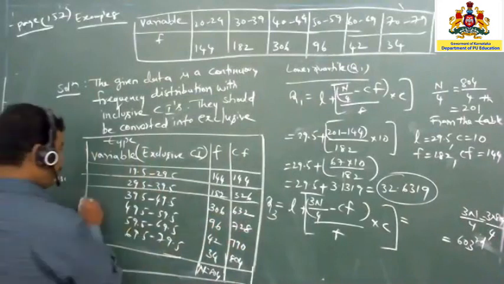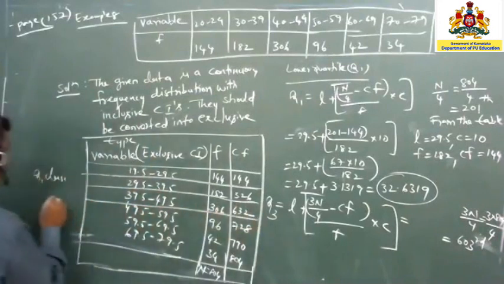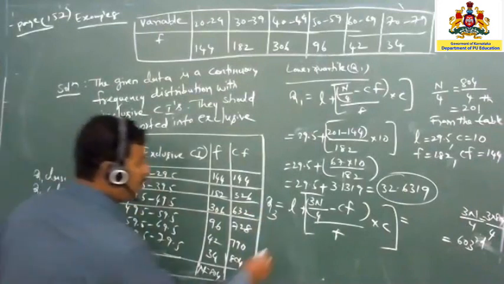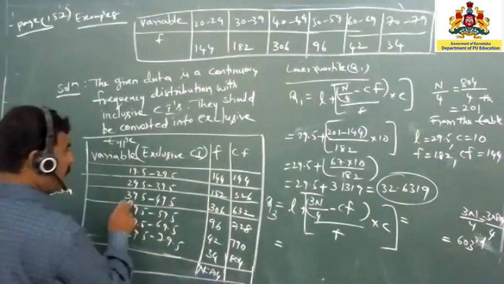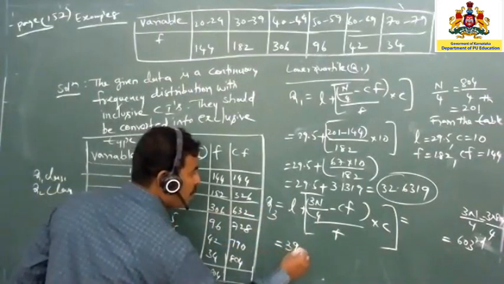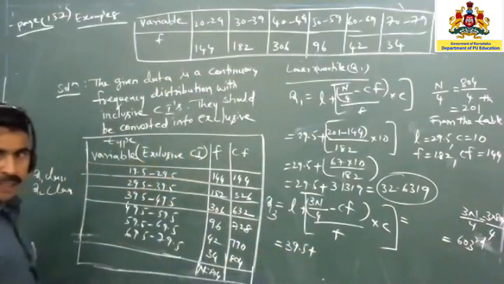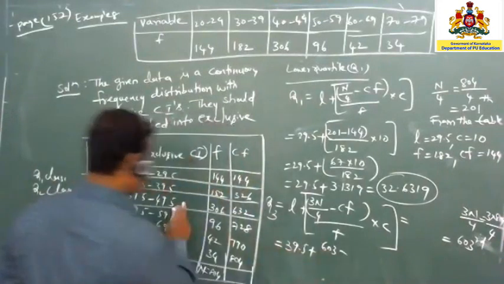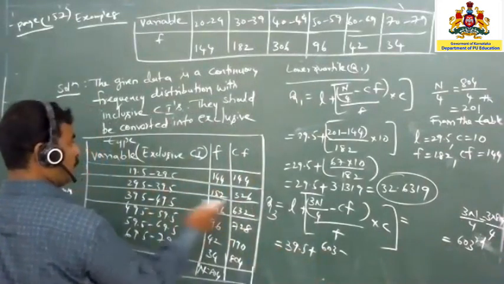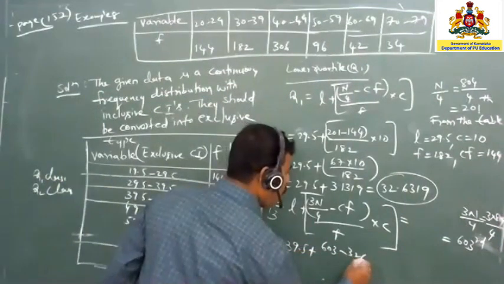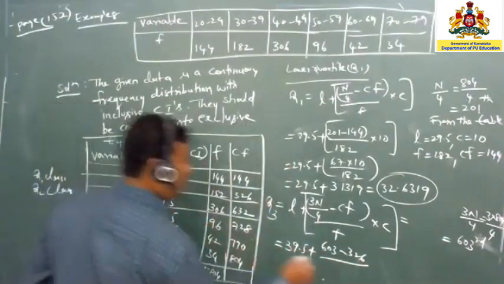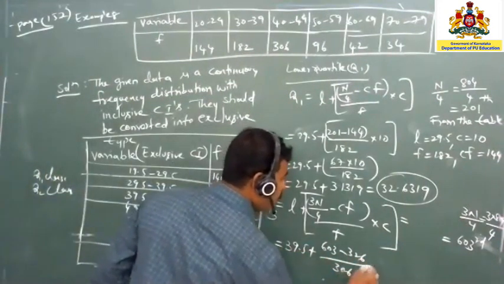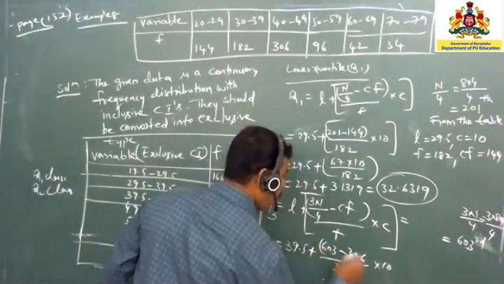Total is 804. Then from the table, L is the lower limit. I'll write directly: 39.5 plus (603 minus the previous class CF 326) by F 306 into 10.